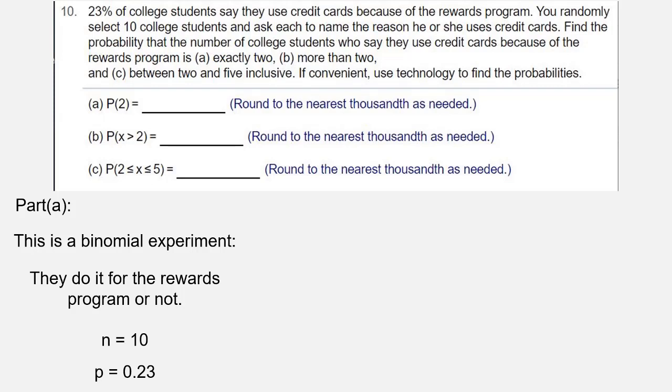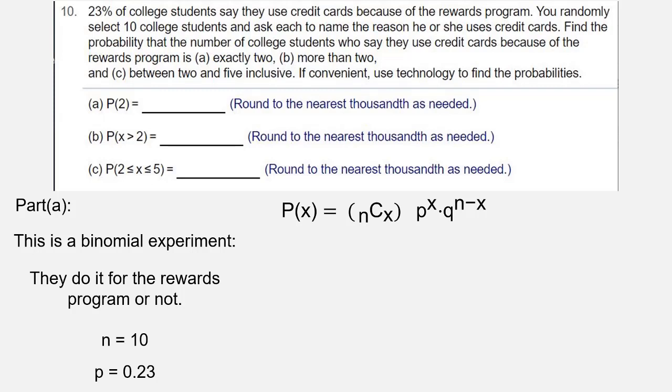So to find this probability, we're going to turn to the probability formula, which is P of x equals nCx, p to the x, q to the n minus x, where n is the size of the sample, p is the probability of success, q is the probability of failure, and x is the number of successes that you're looking for. So here we're looking for 2 successes, and we also need to know that q value. We know that q is 1 minus p, so q is 0.77.